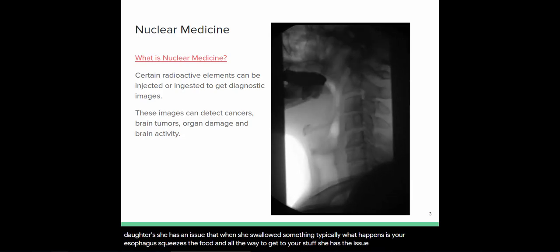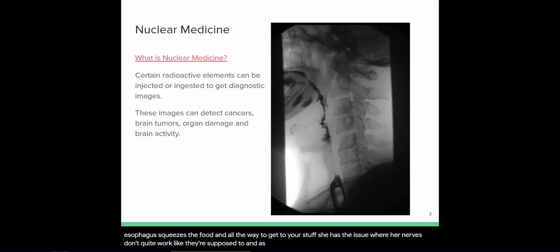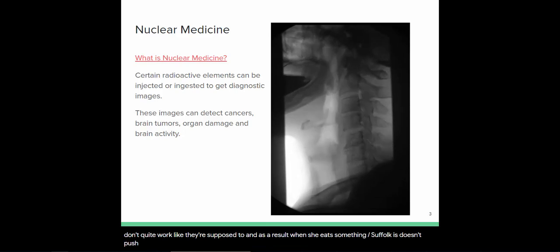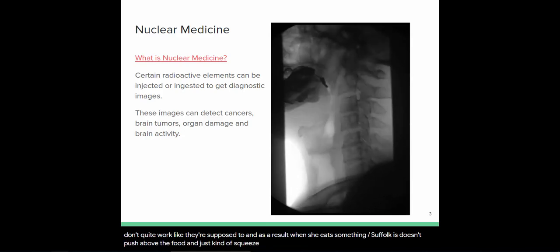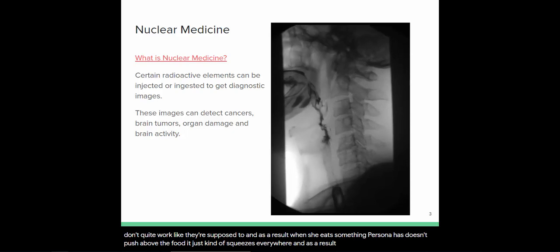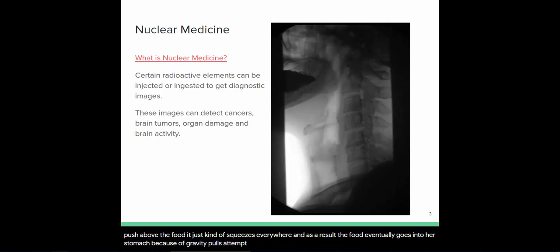She has an issue where her nerves don't quite work like they're supposed to, and as a result, when she eats something, her esophagus doesn't push above the food, it just kind of squeezes everywhere. And as a result, the food eventually goes into her stomach because, well, gravity pulls it down.